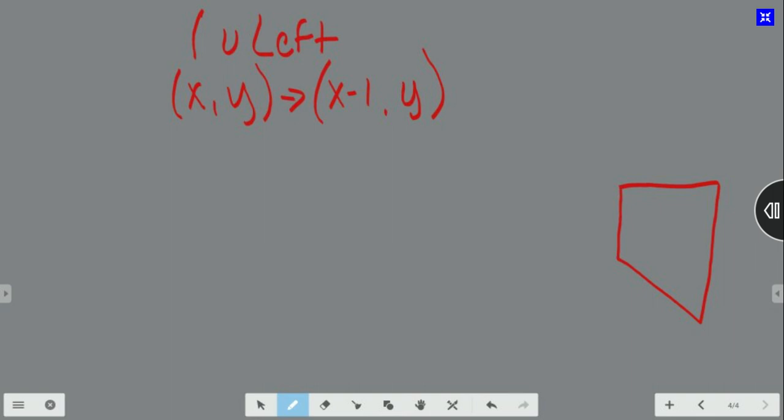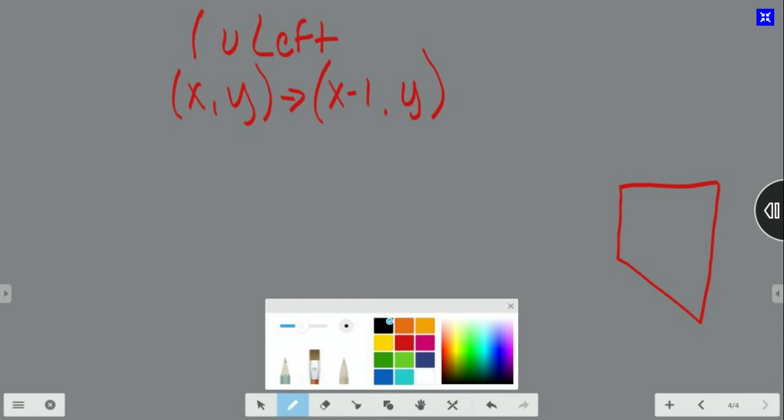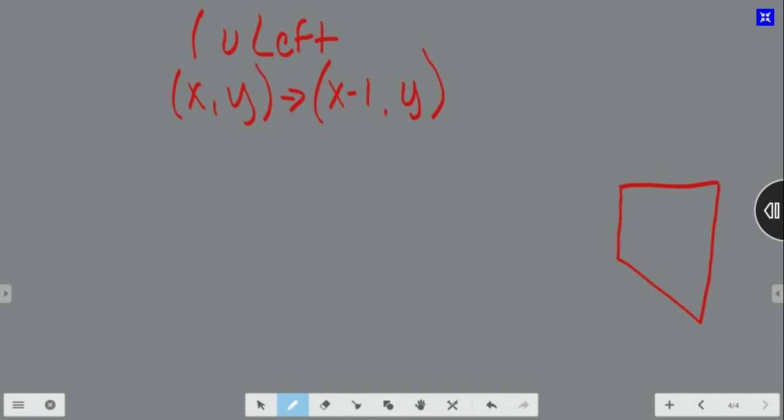Now what are you going to do with each coordinate point? Every point gets moved 1 unit left. Just 1 unit left. Move x 1 unit left. And plot it. 1 unit to your left. And plot it.